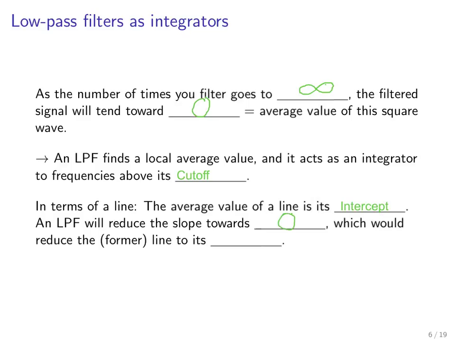If you reduce a line towards 0, I guess it's still a line, but the slope goes to 0, so it's really just a constant. And it will be reduced to its intercept as you low-pass filter more and more. Okay?